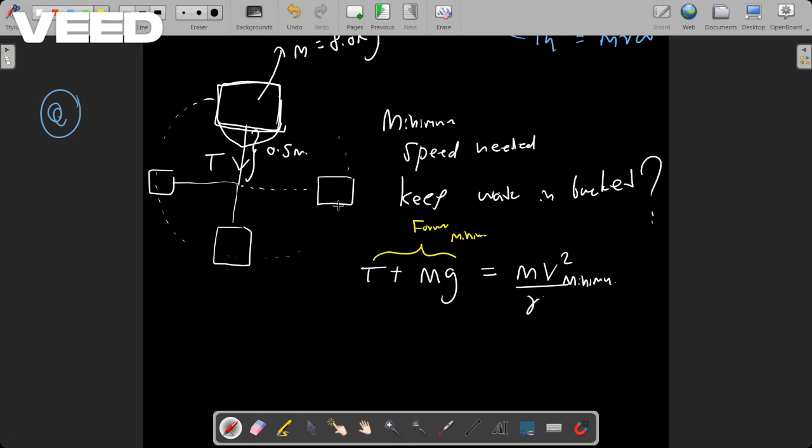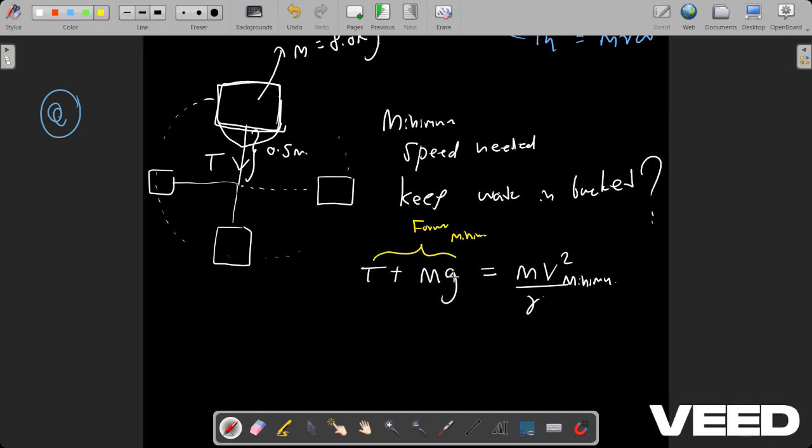Now the thing is, mg cannot be changed. It's gravity. We can't reduce mg. It's a constant value. The only variable we can minimize is tension, right? So to obtain minimum velocity here, we must have the minimum tension, T minimum.